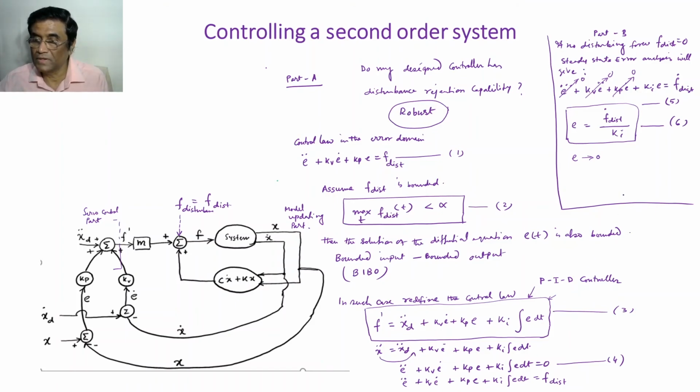If you see now, if you have a PD control, then you see e double dot plus Kv e dot plus Kp e equal to F disturbance, right? For steady state analysis, for PD control, what is the PD control law?